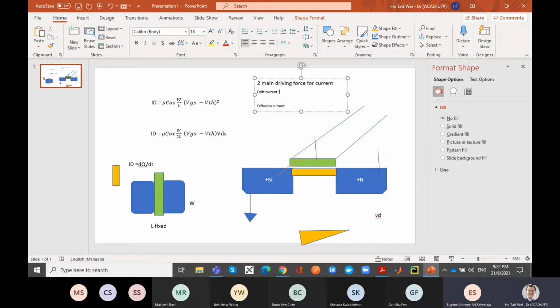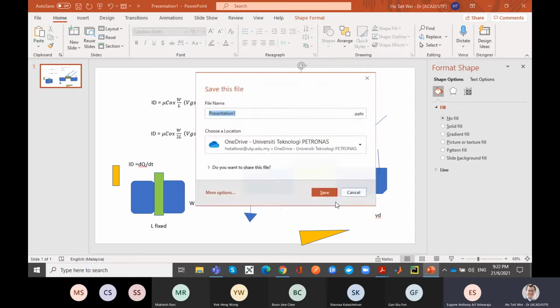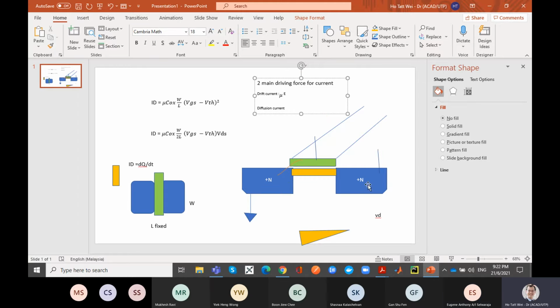Drift current is proportional to the electric field and the mobility, so it's proportional to mu times the electric field. When you see electric field, think voltage, because electric field is voltage per unit length, right? So when you have VDS here, your current is actually a drift current, right?